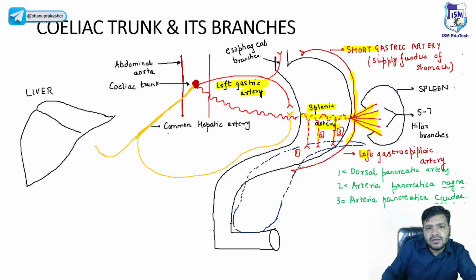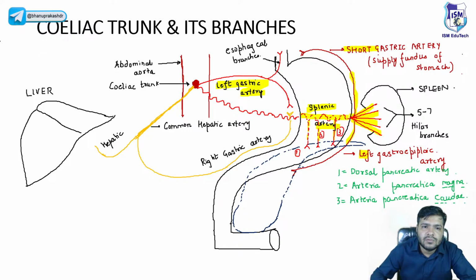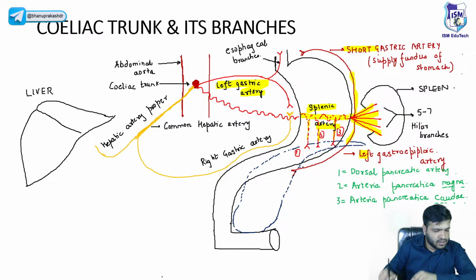That is the third branch, and it bifurcates into, now this one, this branch, it is called the right gastric artery, and this one, it is called the hepatic artery proper.